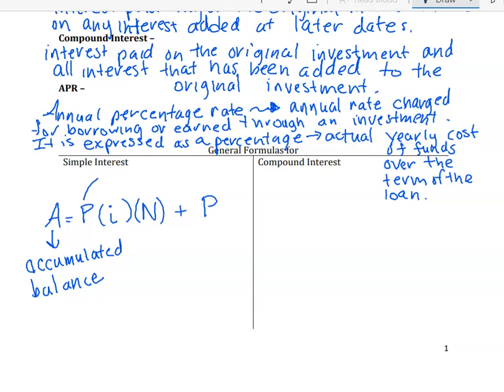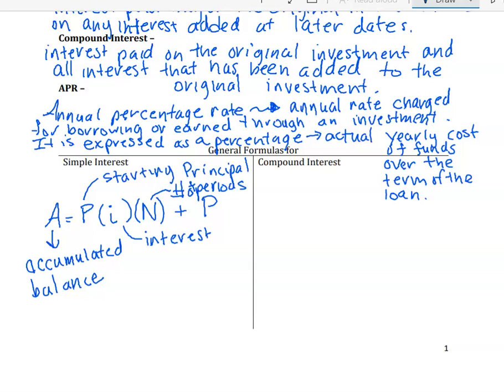P is our starting principal. I is our interest. N is the number of periods, which means how many times did it happen? And we've already talked about P as the starting principal.